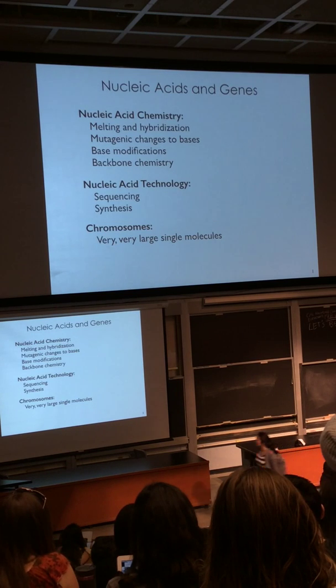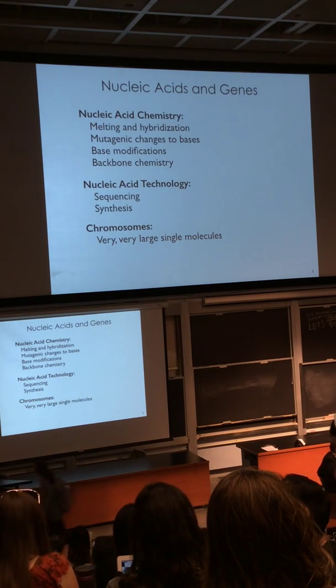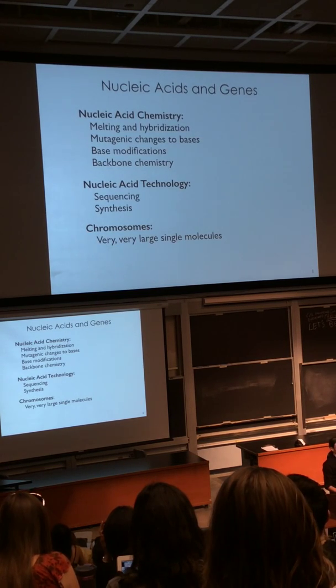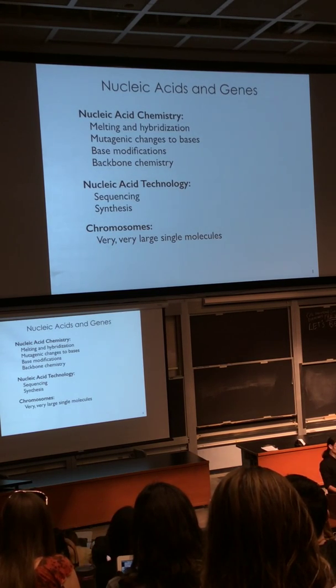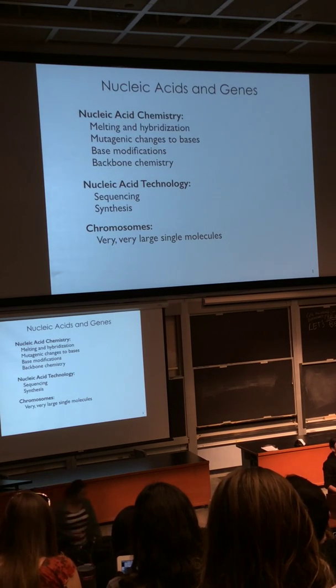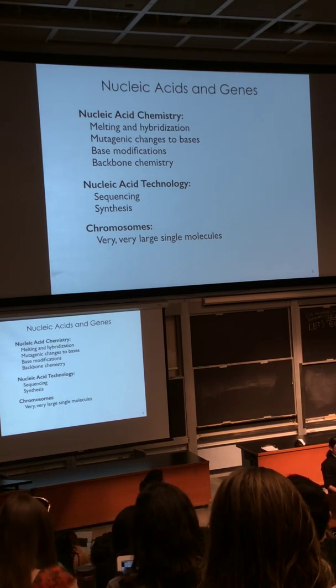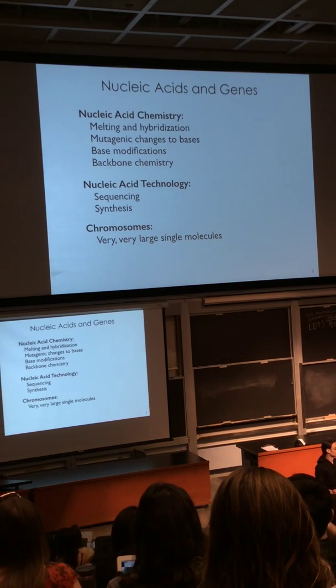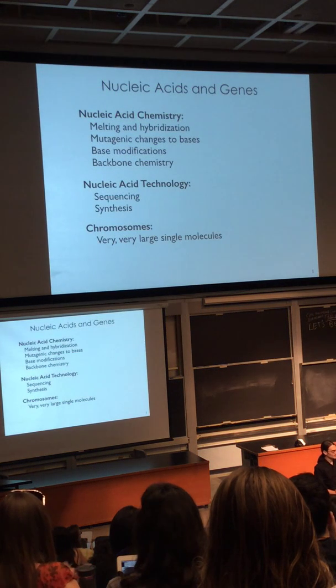So today I'd like to talk about nucleic acid chemistry, a few different things that can happen to nucleic acids, to the bases in those nucleic acids, and also to the backbone of DNA or RNA. And that's going to lead into some discussions of some of the technology that we use in the study of nucleic acids, most importantly, how we can sequence nucleic acids and how we can synthesize them.